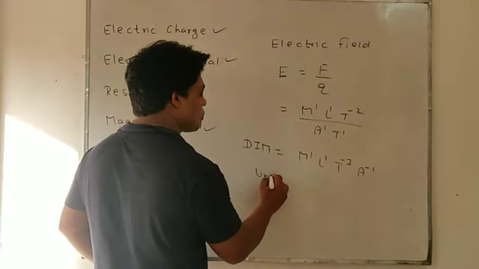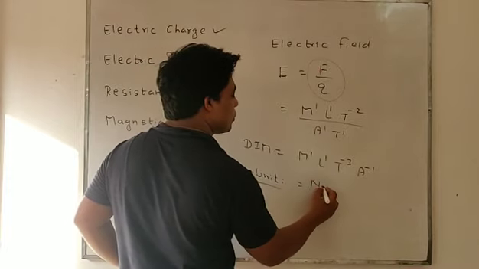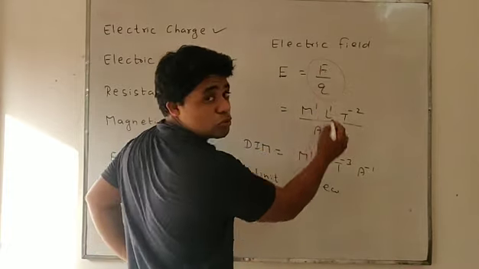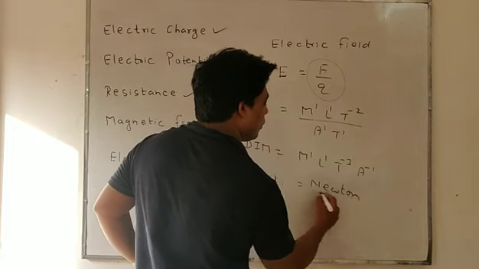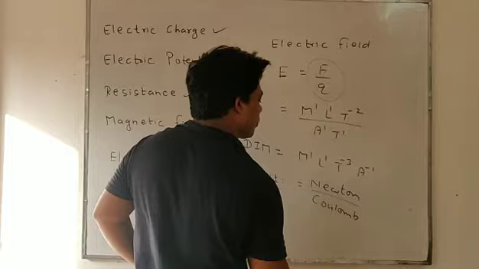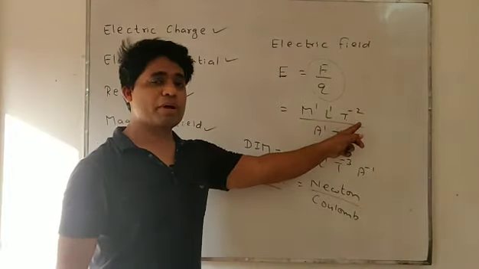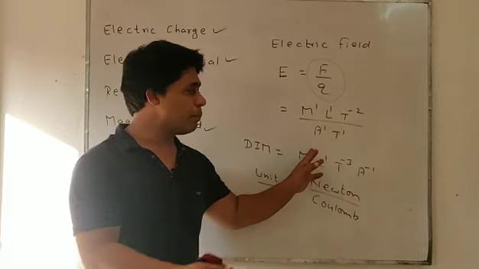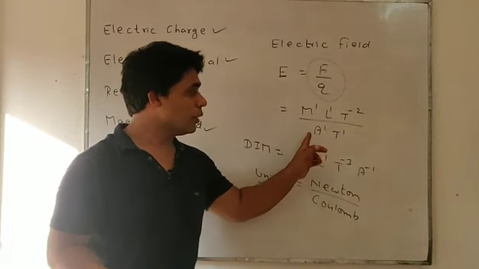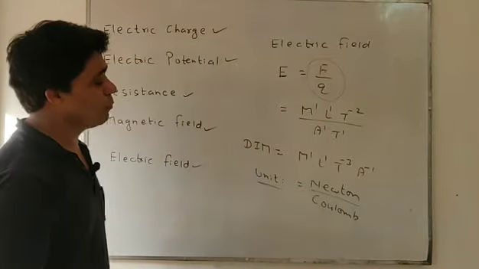And students, what will be its unit? We can find by that. What is the unit of force? Newton, and unit of charge Coulomb. So Newton upon Coulomb, N by C. In this way we'll get the dimensional unit of electric field.